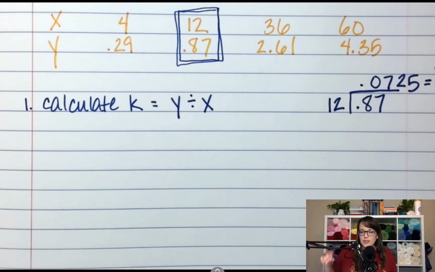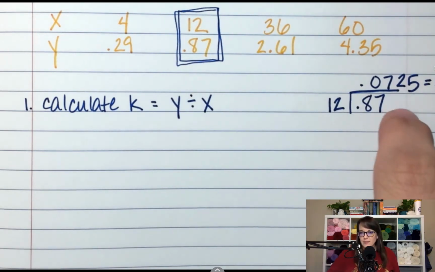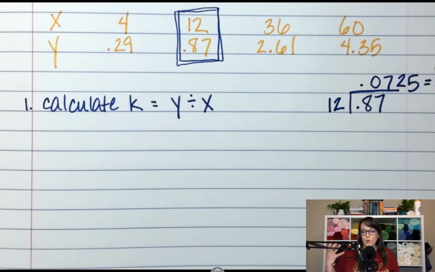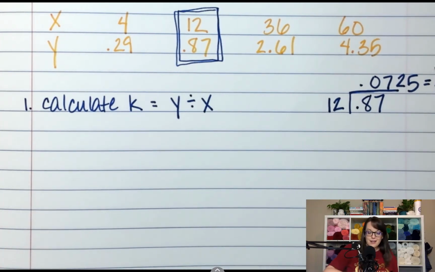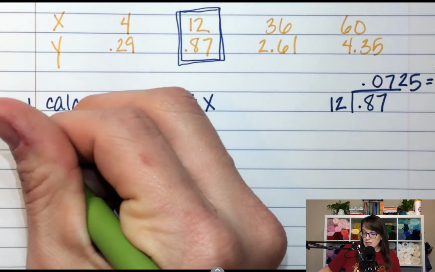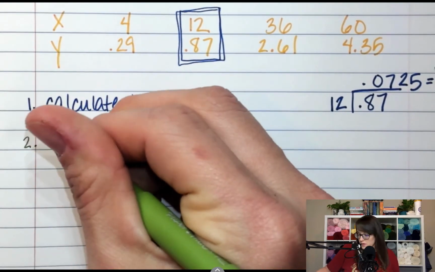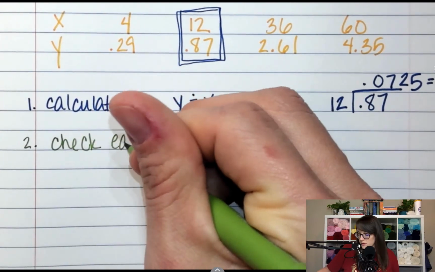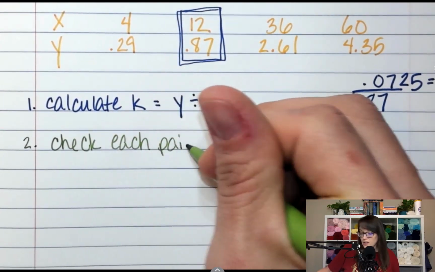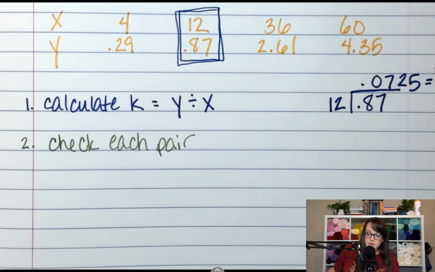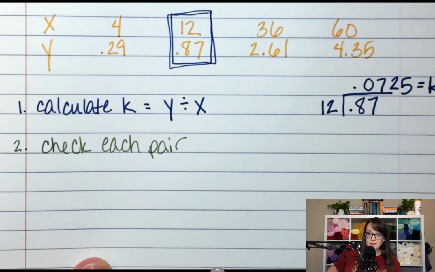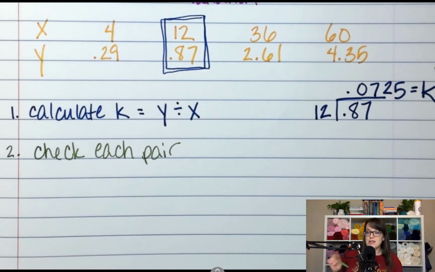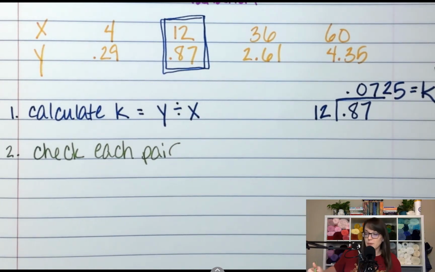And if one of these coordinates falls out of this proportion, then it won't be a straight line anymore. So my next step, and as tedious as it is, you have to check each pair. Do not assume that they're all going to be the same, because there might be one that's not. And if that one isn't, then it breaks the whole system down and this relationship is no longer proportional.